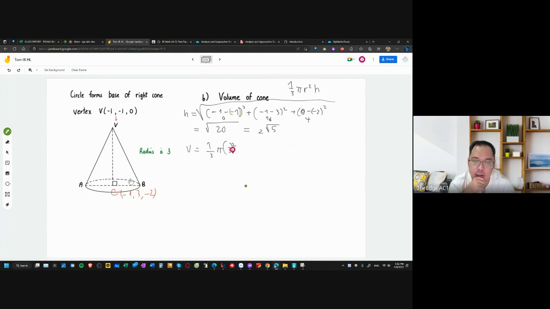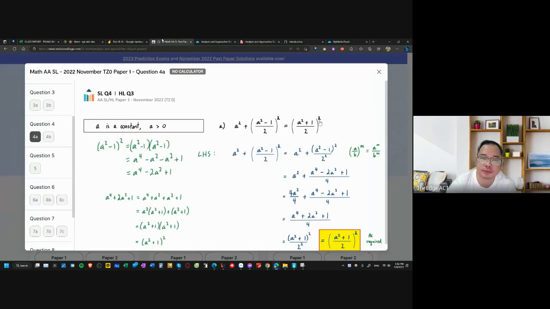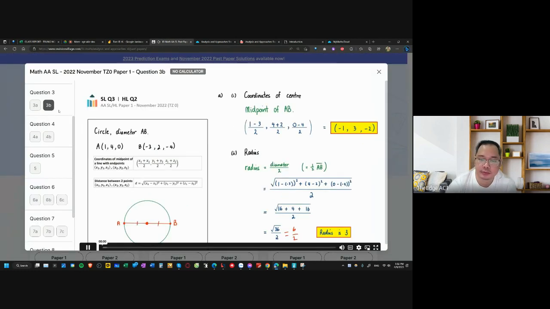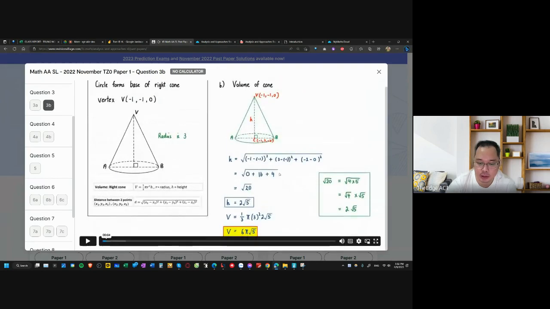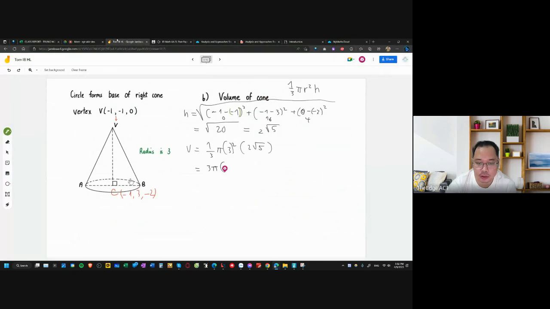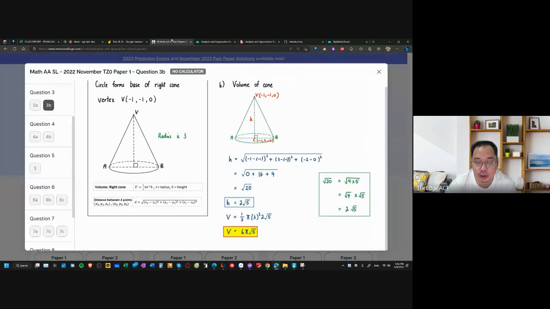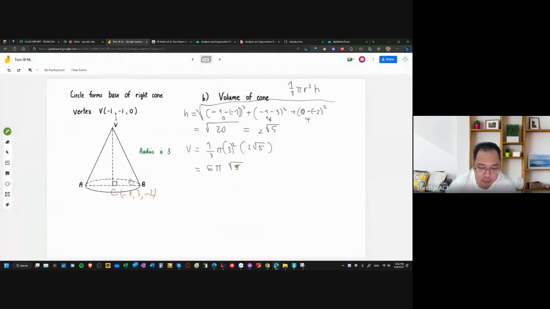The height is 2 square root 5, square root 20. Okay, that's correct. And the final answer, 6 pi square root 3, correct? So square root 5.